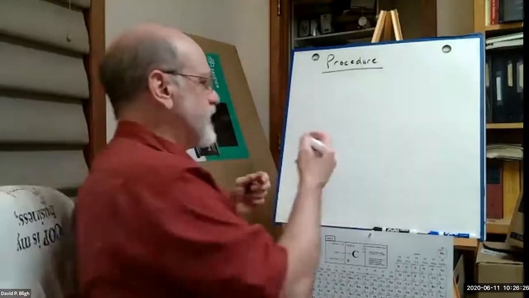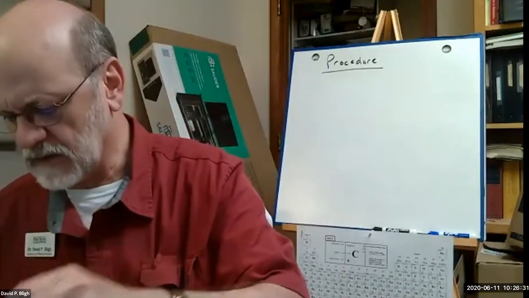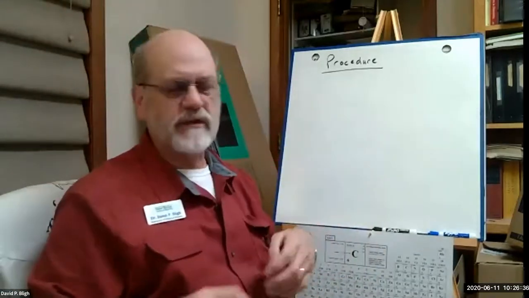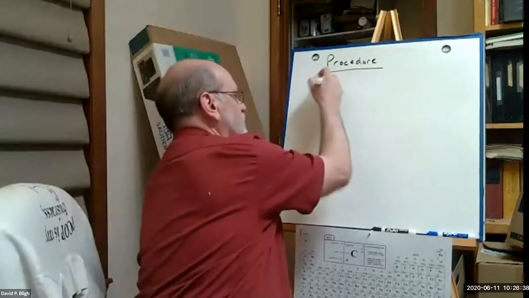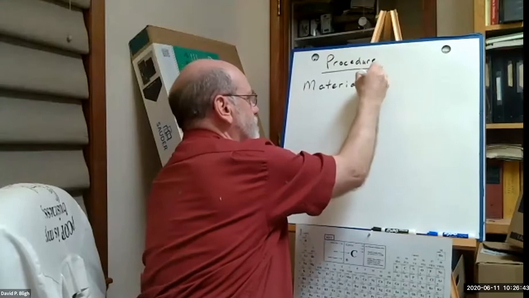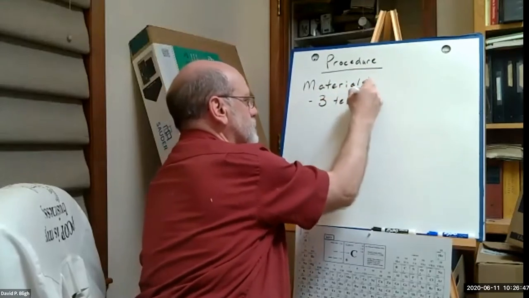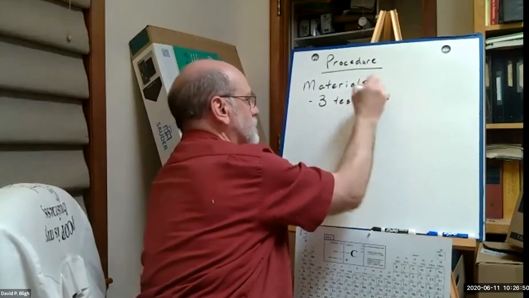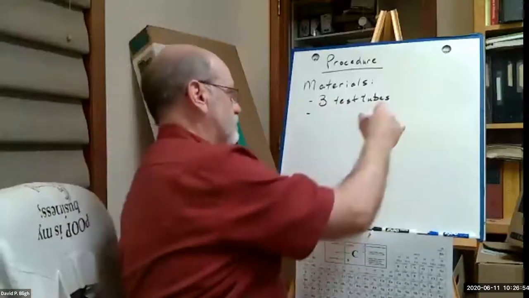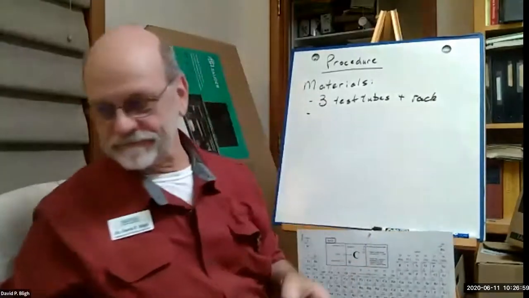So you're going to need 3 test tubes, and I don't know if the volume is given. It's okay to just say test tubes, because the volume of the test tube doesn't matter. So you're going to need materials: 3 test tubes and a rack, someplace to put them.